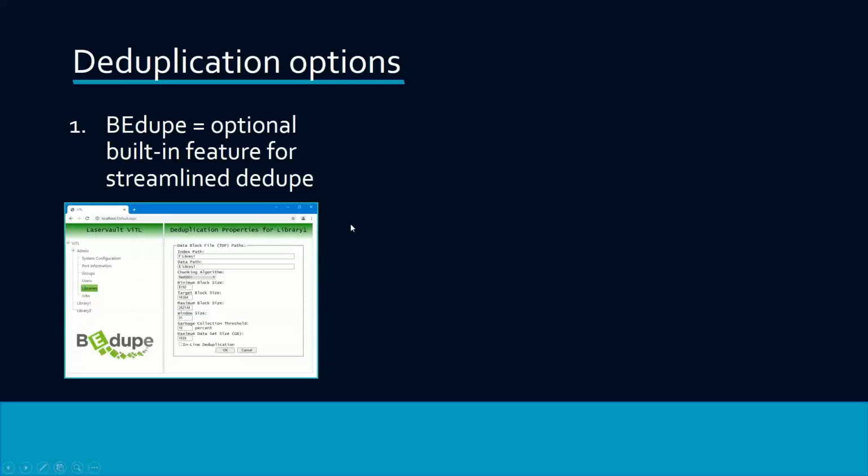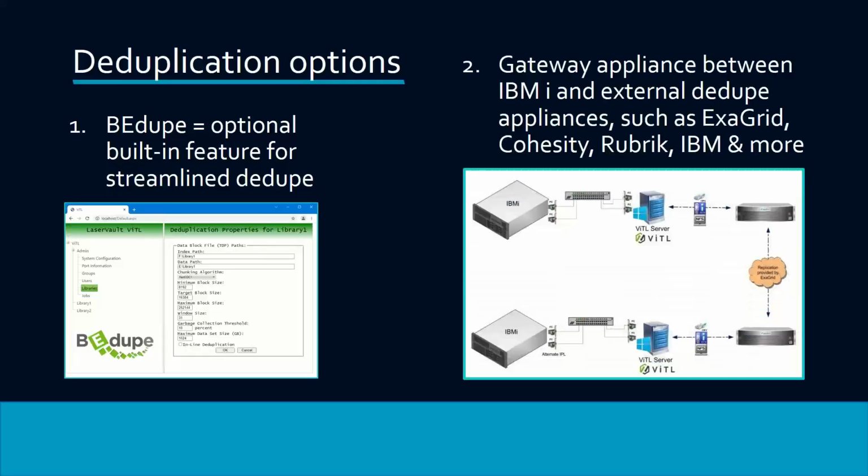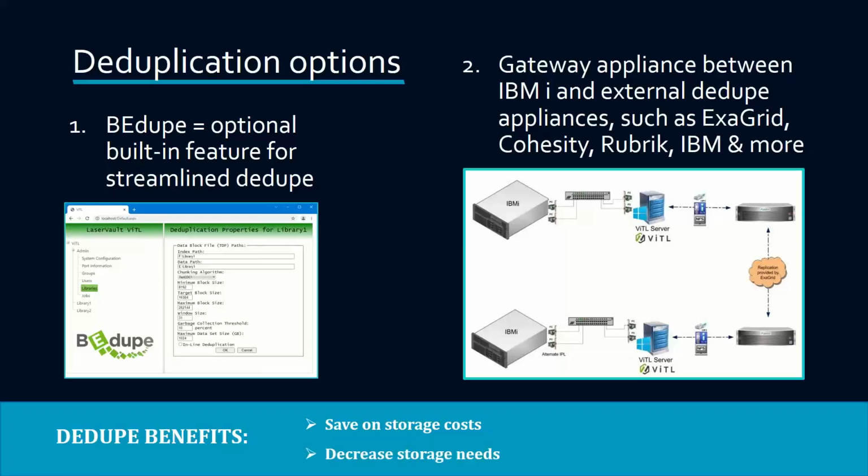So we talked a little bit about deduplication. Bdupe is our optional built-in feature for streamlined deduplication. This is a software license add-on to our solution, giving you the capability to save on your storage costs, storage needs, and redundant copies, and reduce your network traffic for replication of your backups, whether that's cloud storage, DR, or both.